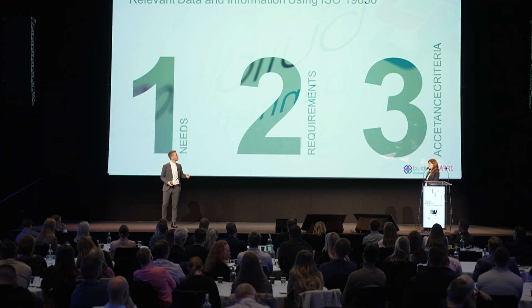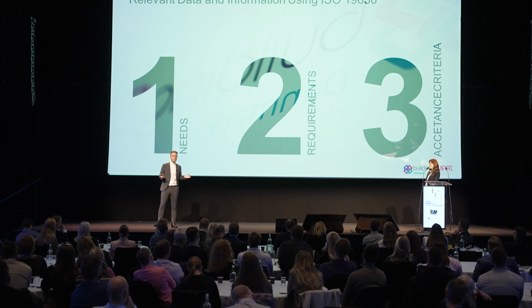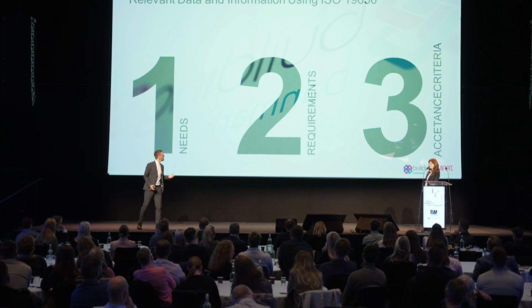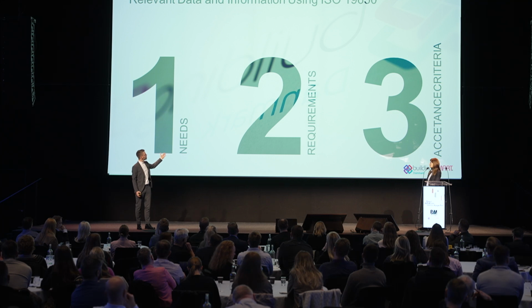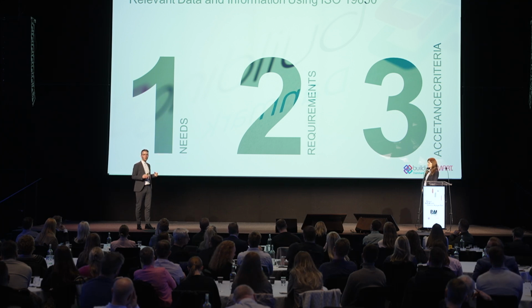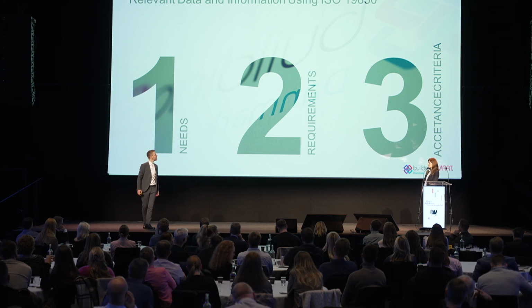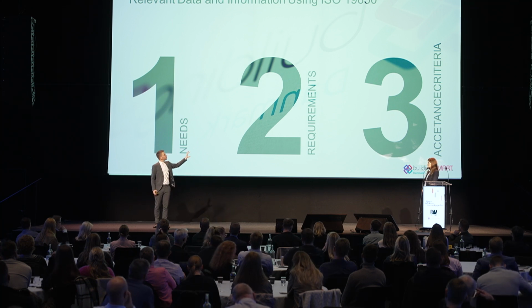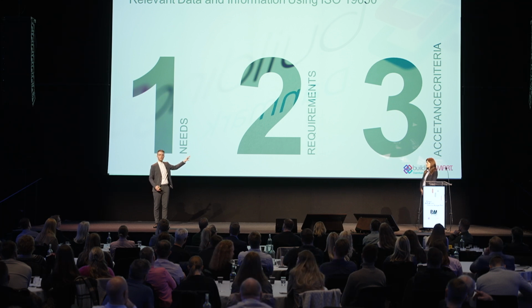And then the third step is to make some acceptance criteria. And here the IDS helps us a lot, because the IDS can help us very well with standardizing our requirements, so almost everybody at least can understand them. But it also makes it possible to make acceptance criteria to check when you get the information delivery, to see if you get the information you were requiring.